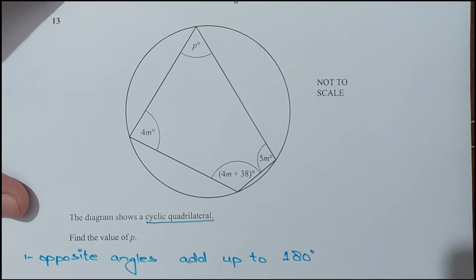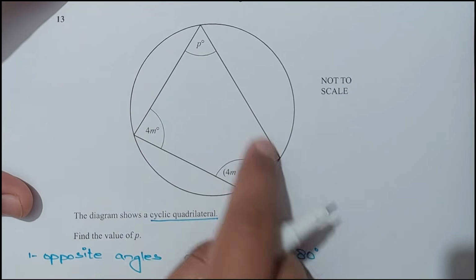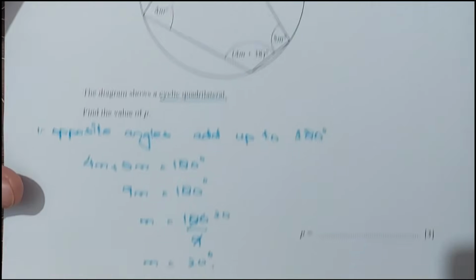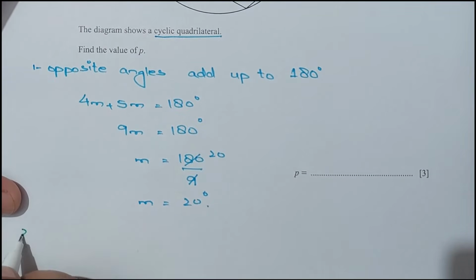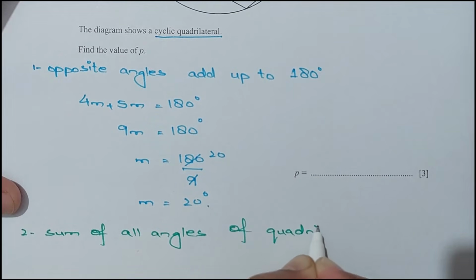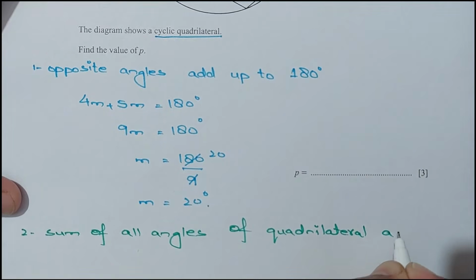Now, to get the p value, we know that the sum of all angles of a quadrilateral adds up to 360 degrees. Okay, the next concept: the sum of all angles of a quadrilateral adds up to 360 degrees.